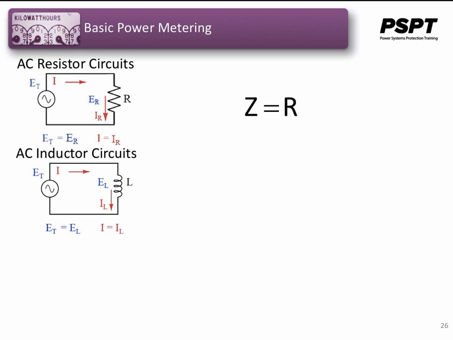What this means is that the reactance in ohms for any inductor is directly proportional to the frequency of the alternating current. The exact formula for determining this reactance is X_L equals 2 pi fL, where pi is 3.14159, f is the frequency in cycles per second, and L is the inductance in henries.